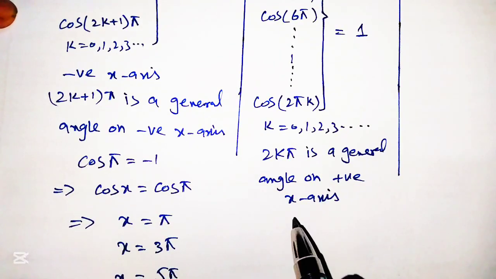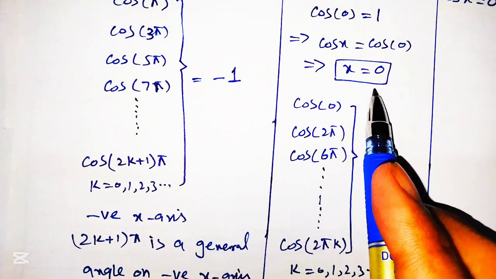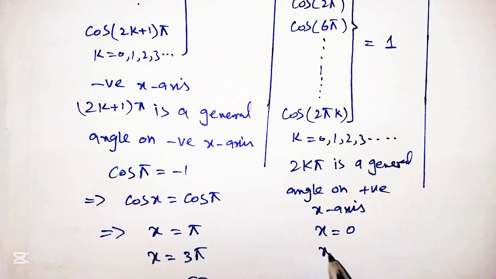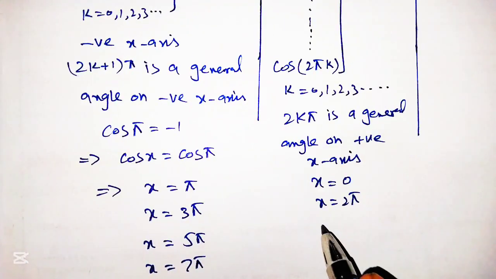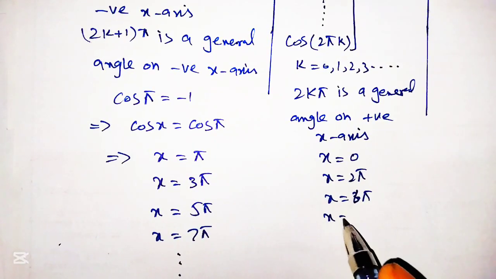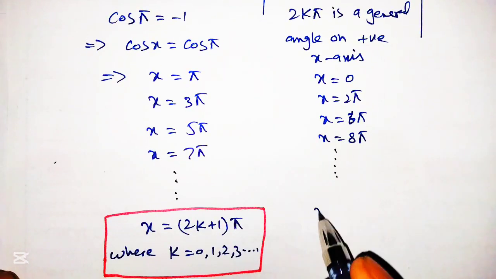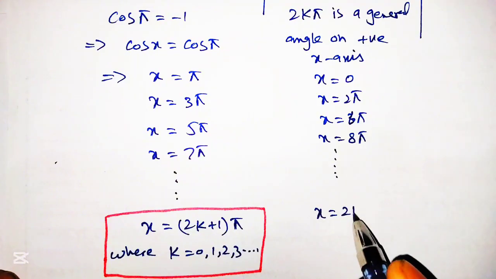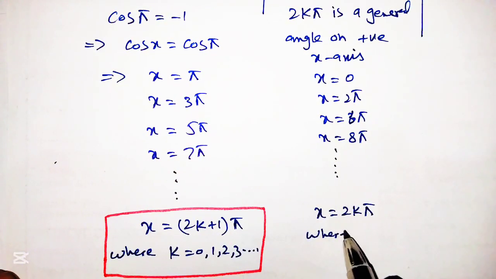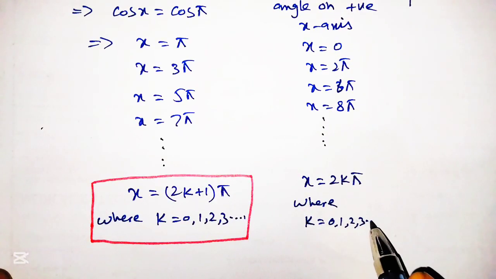So from this we conclude that, as in the start, x is equal to 0. Similarly, we can write x is equal to 2 pi, x is equal to 6 pi, x is equal to 8 pi, and in general x is equal to 2k pi, where k is equal to 0, 1, 2, 3, and so on.